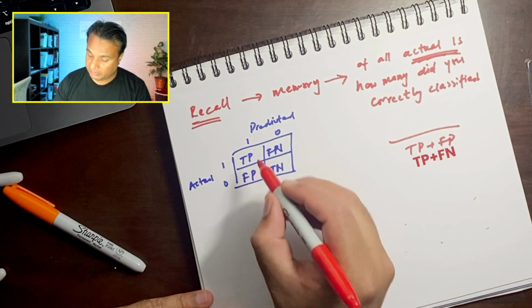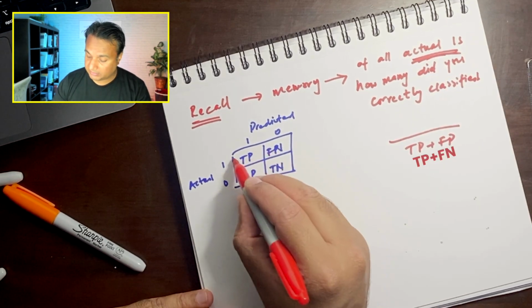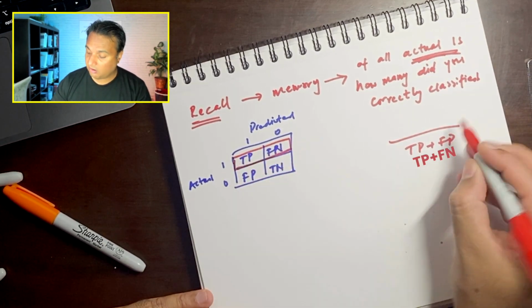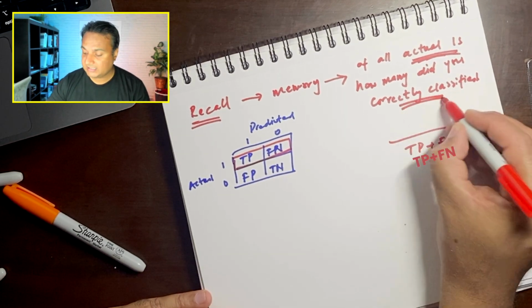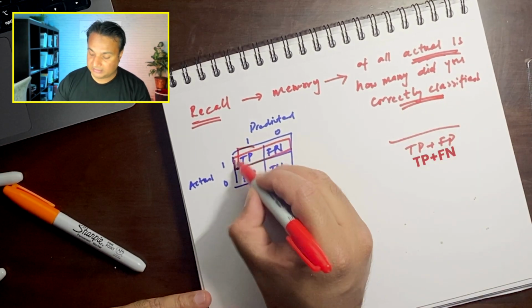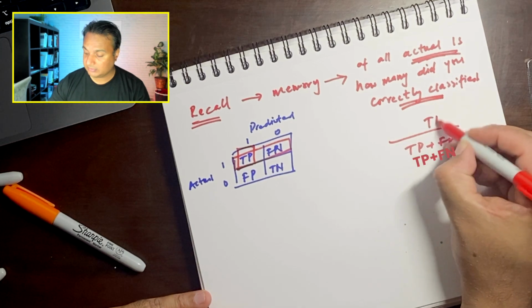We want to see what are all the actual ones. So we can see this is this part here. This is all the ones. And then we want to say how many you correctly classified as one. And this is this part here. So this is the formula.